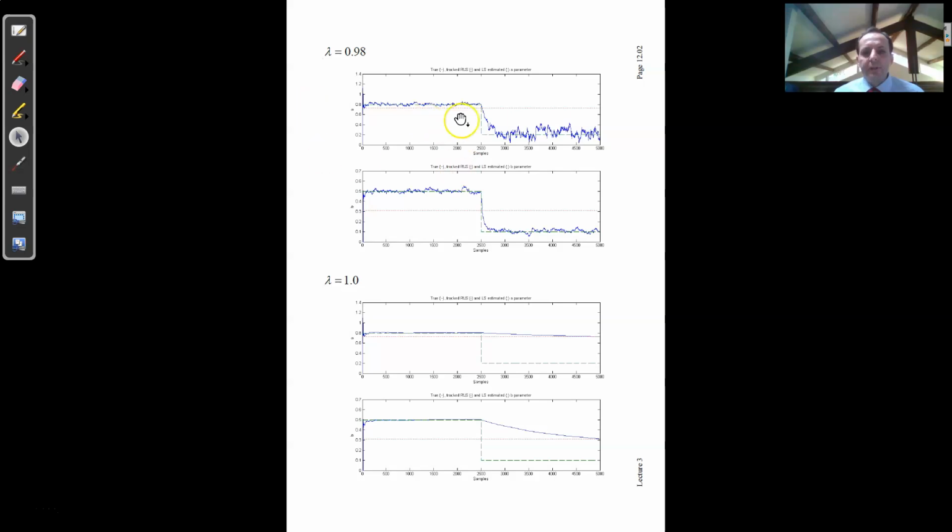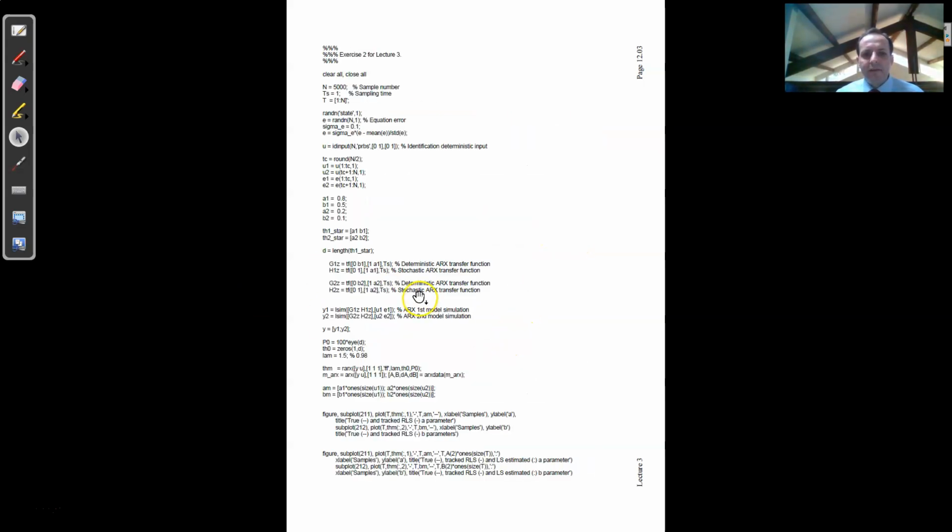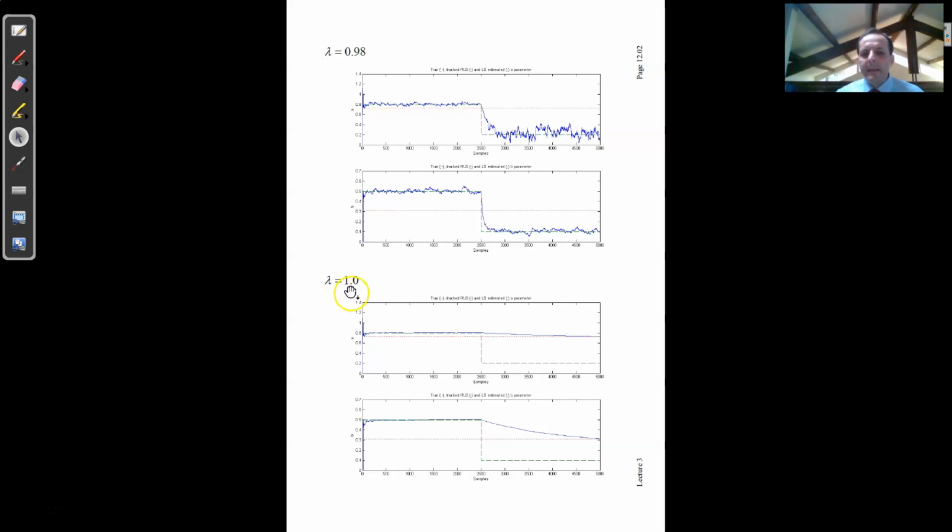And I continued here just to show you that with lambda 0.8, the solution is even slower, but also more accurate, because you can see here that it is very smooth. And as a final value, lambda equal to 1: you can see here that in the first set of data before the change, there is no change.